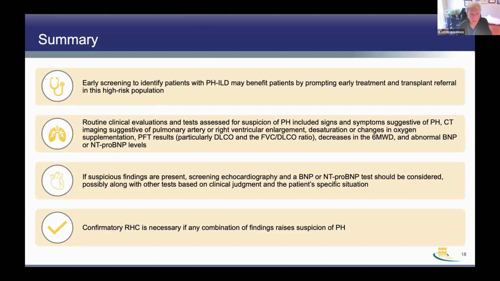If suspicious findings are present, a screening echocardiogram and or BNP should be considered, possibly along with some other tests based on clinical judgment and the patient's specific situation. Fundamentally, though, a confirmatory right heart cath is necessary if any combination of findings raise concern for pulmonary hypertension.